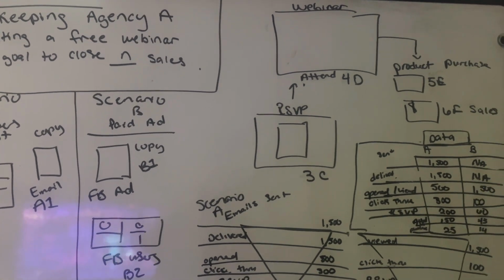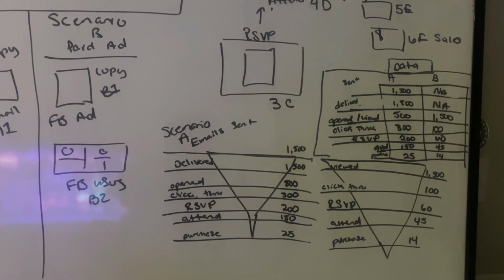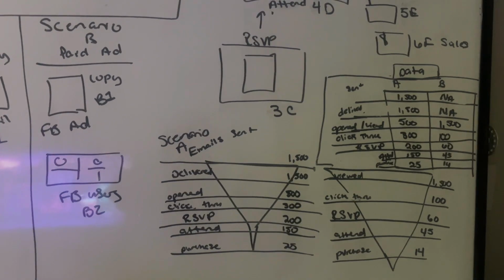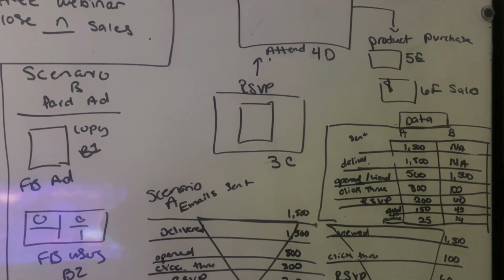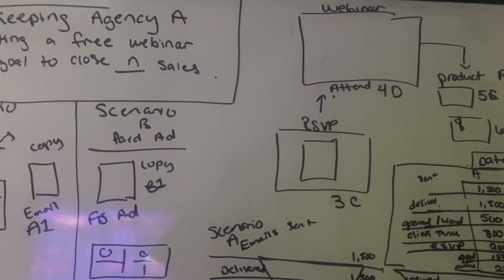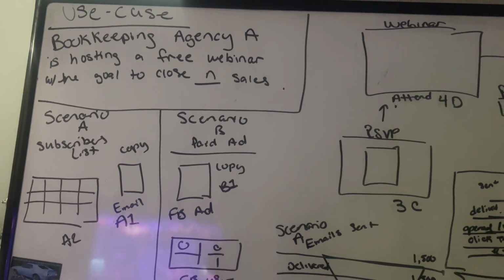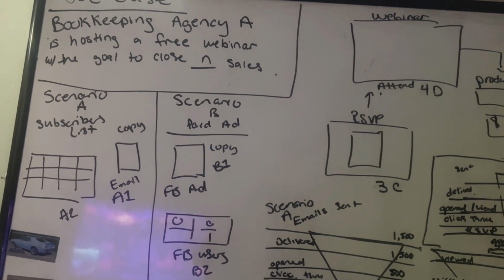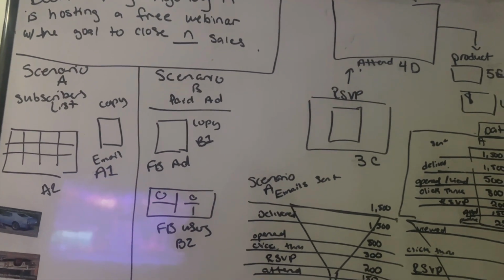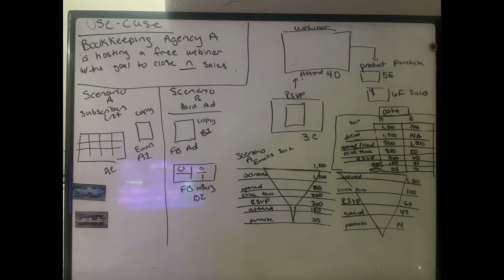So you're sending this email copy out to your active subscribers list, announcing that you will be having this bookkeeping webinar for whatever the subject is. And on the other side, if you're in scenario B where you don't quite have that subscribers list, then your asset 1, which is B1, is going to be the ad copy that you send out saying, hey, I'm having this webinar.